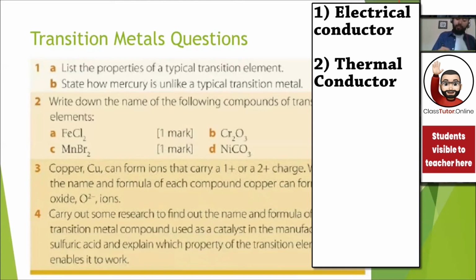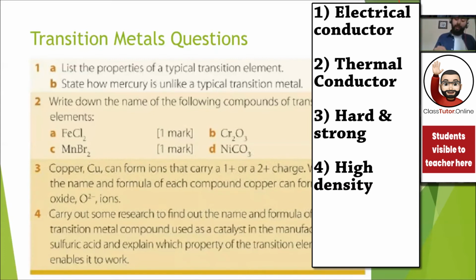So they conduct both electricity and thermal energy, and they also conduct heat. Heat is thermal energy, right? They're hard and strong. You can't use that as 2 points because it's essentially the same thing, so that's 1 point. They have a high density. That's another point.